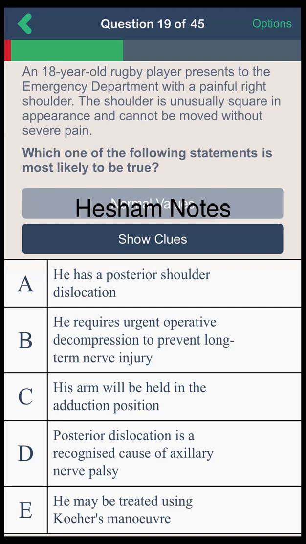Option A, he has a posterior shoulder dislocation. Option B, requires urgent operative decompression to prevent long-term nerve injury. Option C, his arm will be held in adduction. Option D, posterior dislocation is a recognized cause of axillary nerve palsy. Option E, he may be treated using Kocher's maneuver.